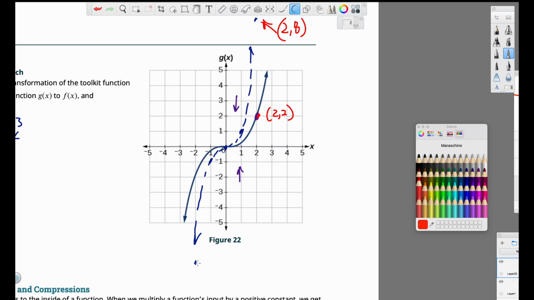And this one down here would be at -2, -8. But when we look at this position here, it's at -2, -2. So how are we going from -8 to -2 and 8 to 2? Well, we're multiplying by a quarter, aren't we? 1/4 times 8 is 2.